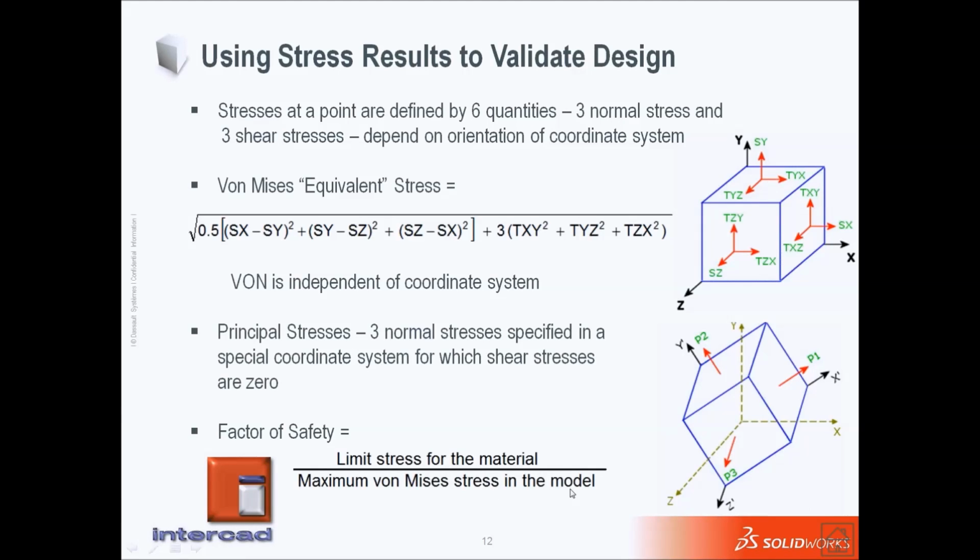If this ratio is less than 1, it means the maximum von Mises stress in your actual model is more than its limit. Therefore, the part is failing. If it is exactly 1, then we are on the border. If it's more than 1, then the design is safe. So this is the main check we do after we solve the model.